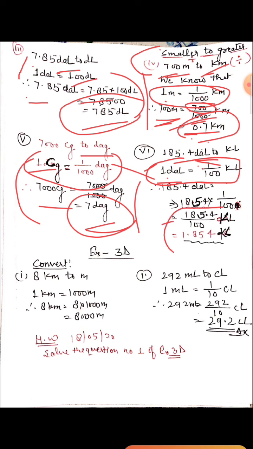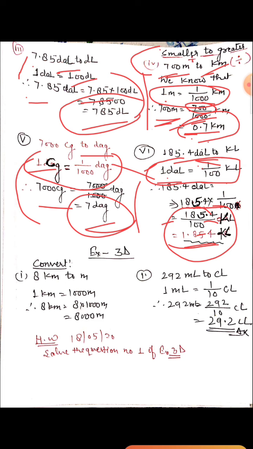By decimal division we get 1.854, or you can also move the decimal according to the zeros. How many zeros? 2 zeros. So we move the decimal 2 digits from right to left. Then the answer will be 1.854 kiloliter.